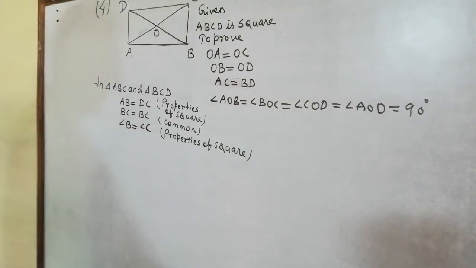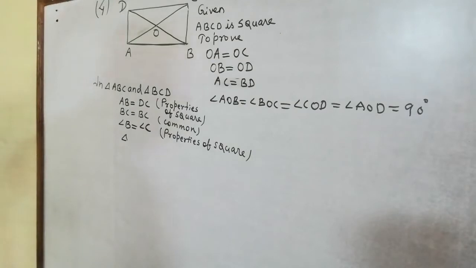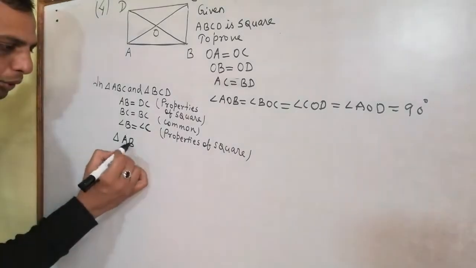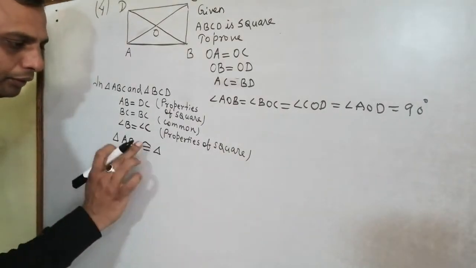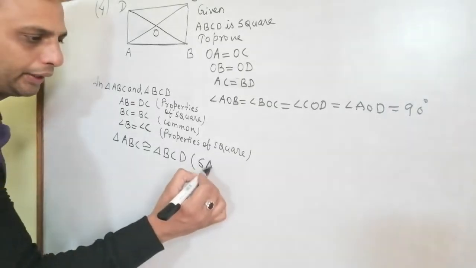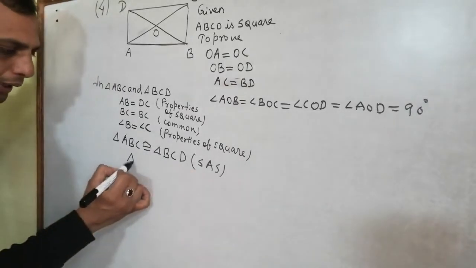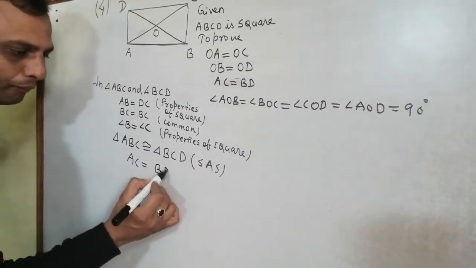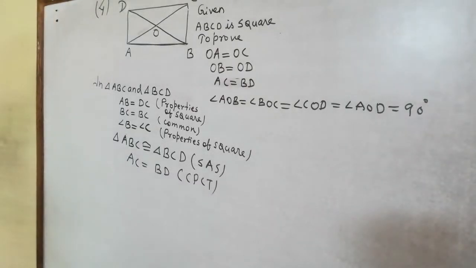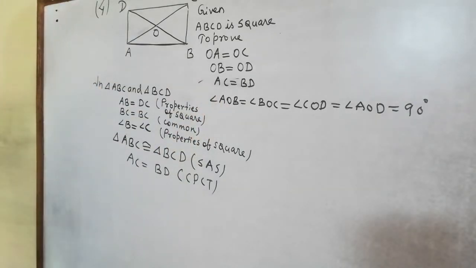So this will make the triangles congruent. So triangle ABC is congruent to triangle BCD by SAS. If two triangles are congruent, we can write AC is equal to BD. So this completes one part. Now we got AC equal to BD.